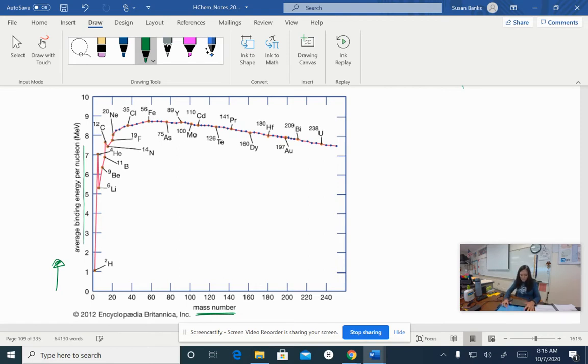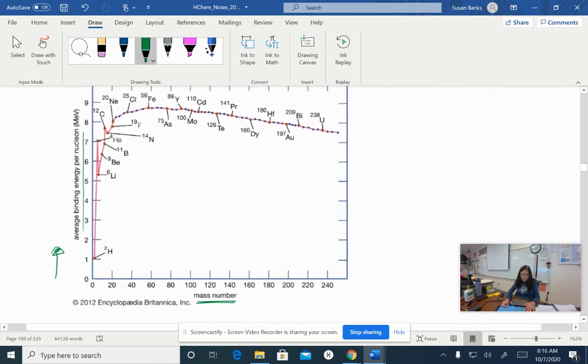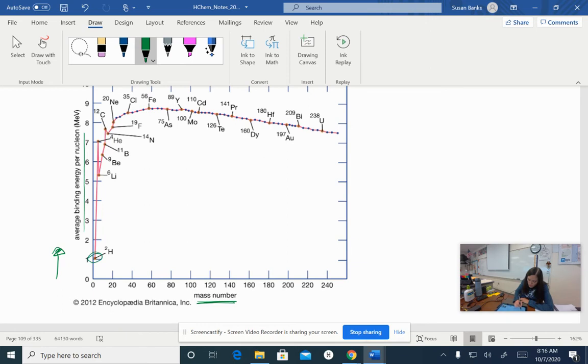So let's look at fusion first, where we're putting things together. So if I put two hydrogens together to make a helium, here's helium right here. Notice how much energy that releases. That's a lot of energy being released. And if I put a helium together with a lithium to make beryllium, is that really going to give me that much of an energy release?